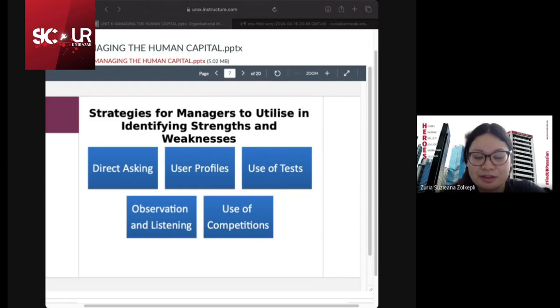This is where the grapevine is very important. Informal communication happens, so you should listen to those as well, because sometimes employees filter what they want to say. So you should be able to listen without this filter.